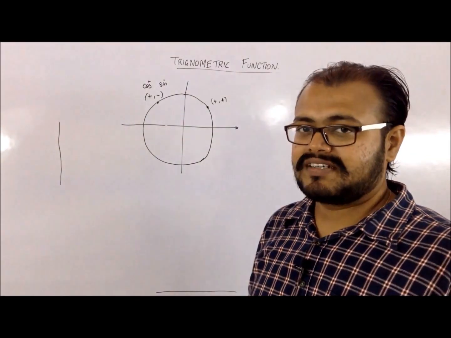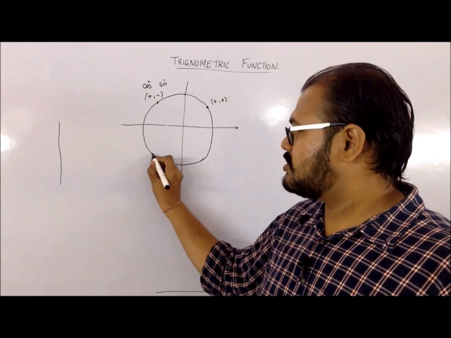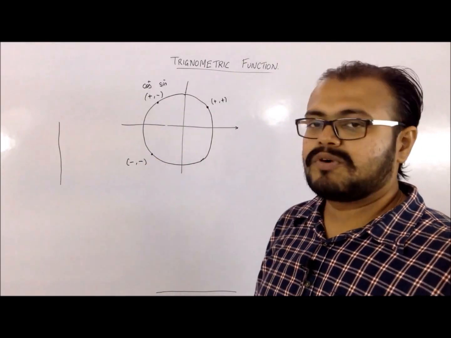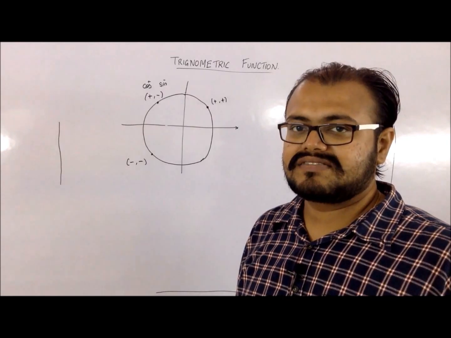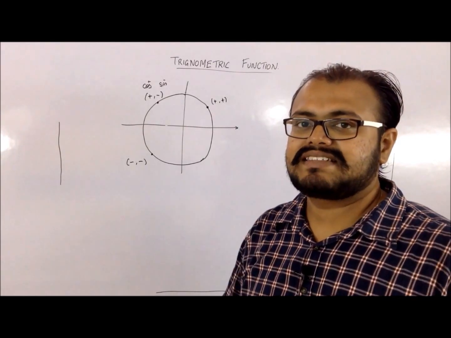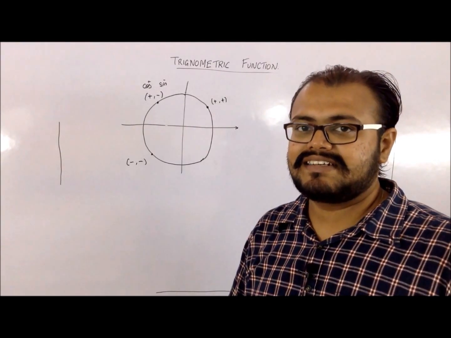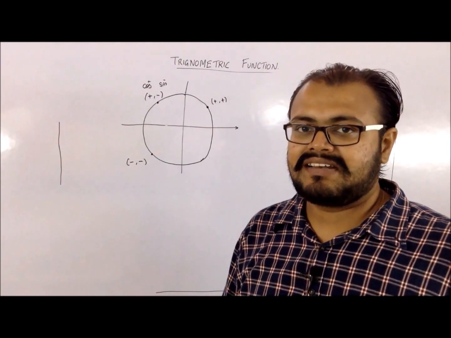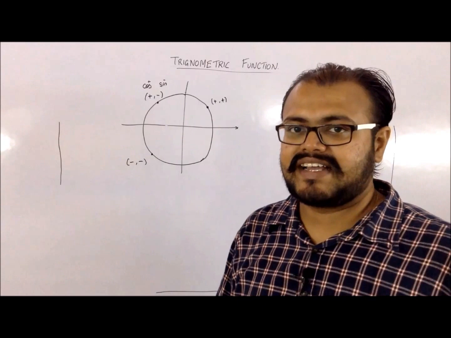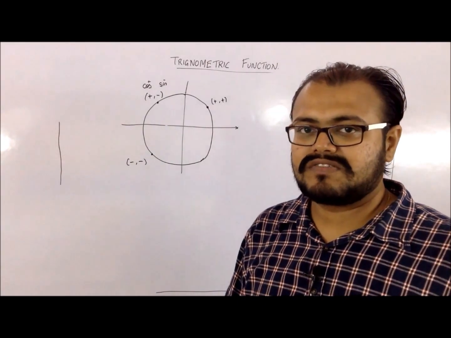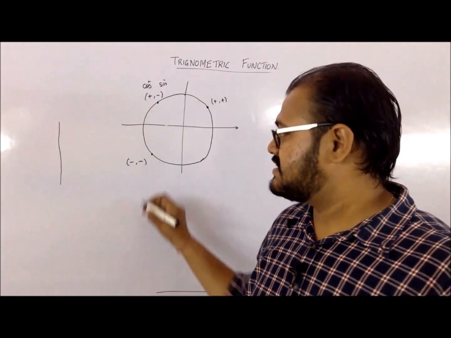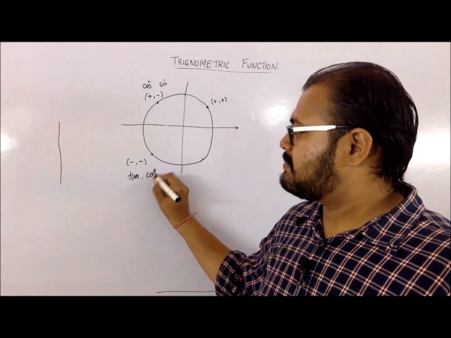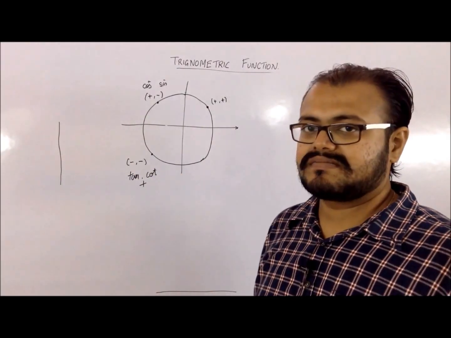In the third quadrant, I have both the coordinates as negative. So my sine, cos and the related sec, cosec have a negative value, but tan and cot, which are the ratios of sine and cos, turn out to be positive since both of them are negative. So my tan and cot are positive in this quadrant.